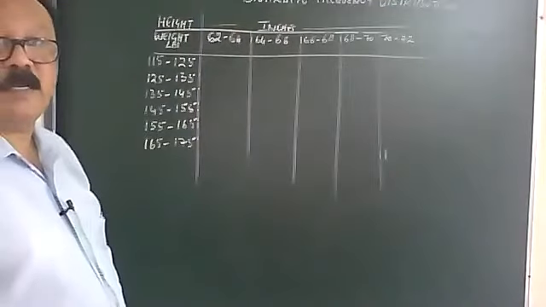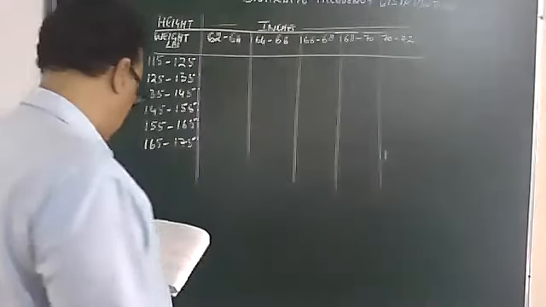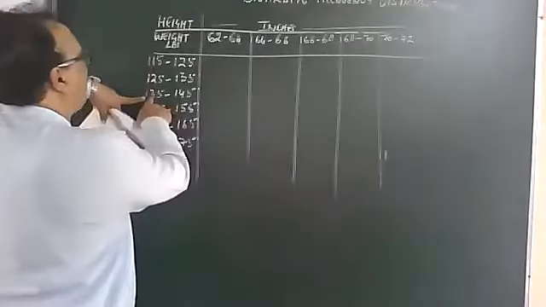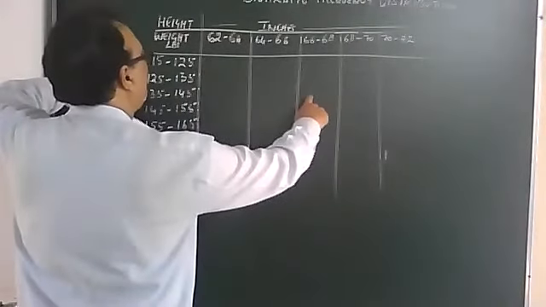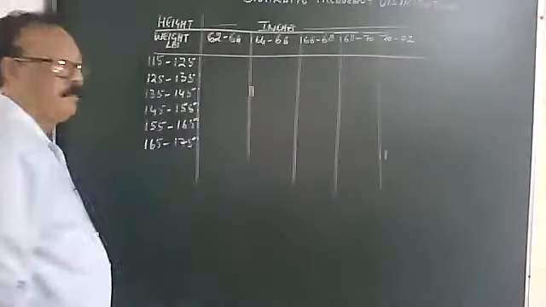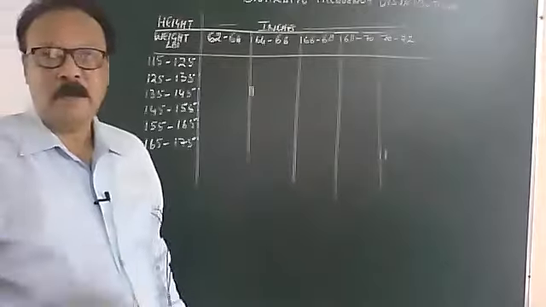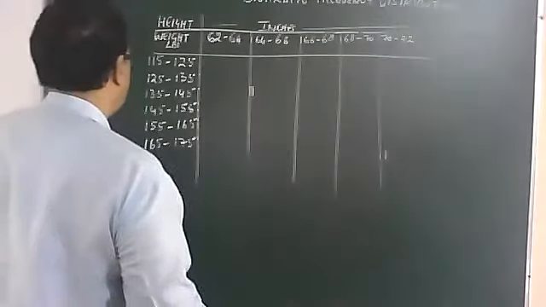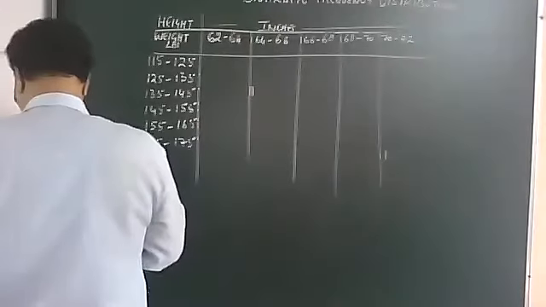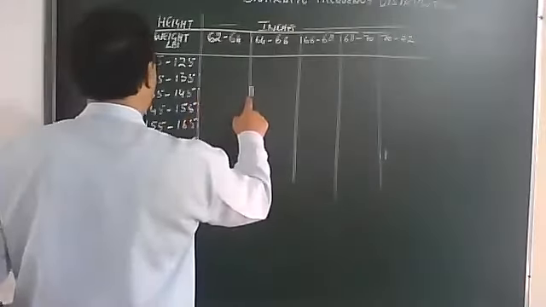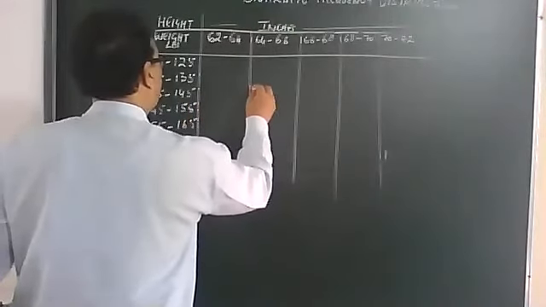Then second is 135, 65. 135 is here, 65 will be here. So one tally bar. Next, 136, 65. 136 is here, 65 here.